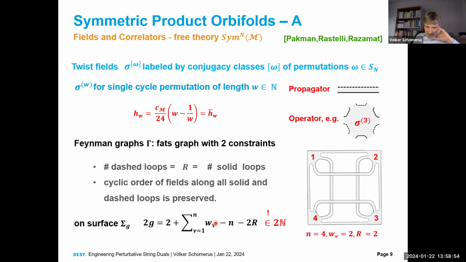So this is very much like in 't Hooft's description. This is the number of propagators minus the number of vertices minus the number of loops. And that gives you the genus. And so the claim is that this organizes all this correlation function computation in symmetric product orbifolds in a loop expansion, very reminiscent of ordinary gauge theory computation.